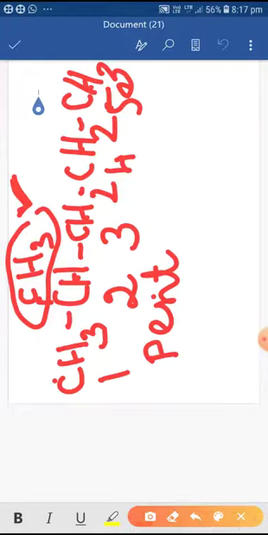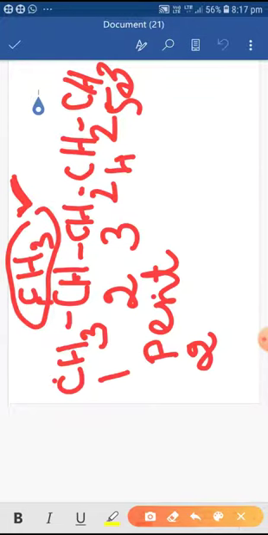Which position? The second position has the substituent. How many carbons does that substituent have? Only one carbon. The substituent is a methyl group. CH3 is a methyl group, located on the second carbon atom.